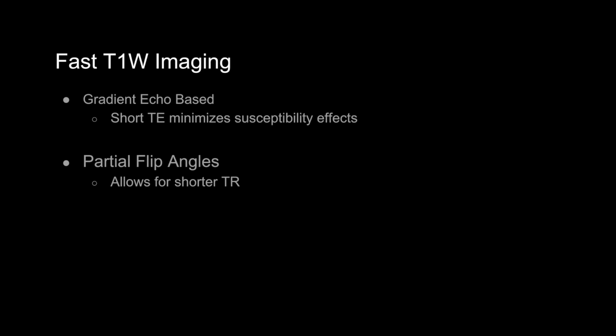Instead of every cycle having to wait for relaxation to occur all the way from the transverse plane and all the way back, we really only need to partially excite the protons. This allows for the next RF pulse to happen more quickly, and so you get a shorter TR, or shorter time to repetition. The shorter TR allows us to have a shorter overall acquisition time.